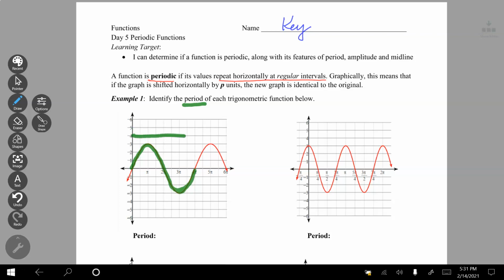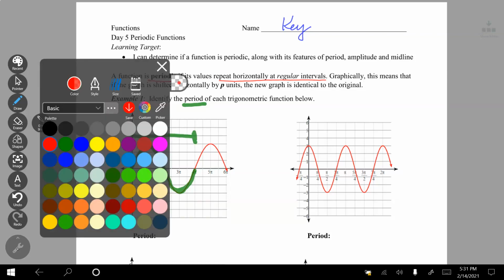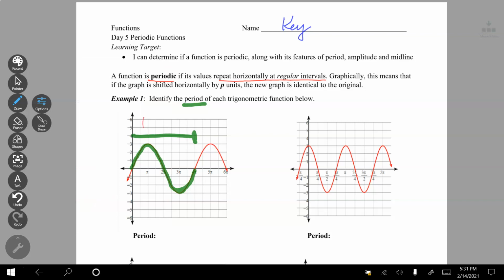So this is its period, from here to here, and that is equal to one period or one cycle of this graph, and in this case that is equal to 4 pi. It's easy to start on the y-axis to do this because then whenever you stop after one cycle, that x value is the period.